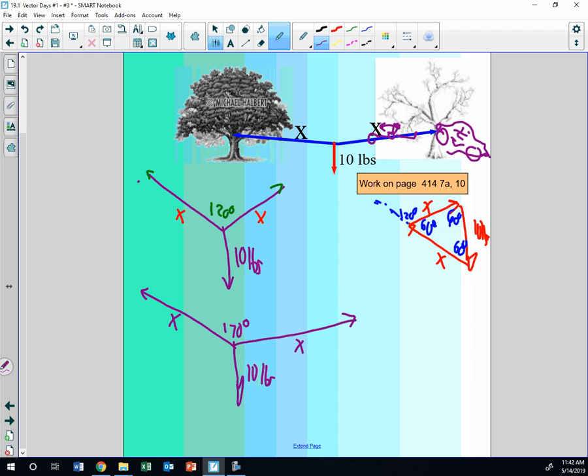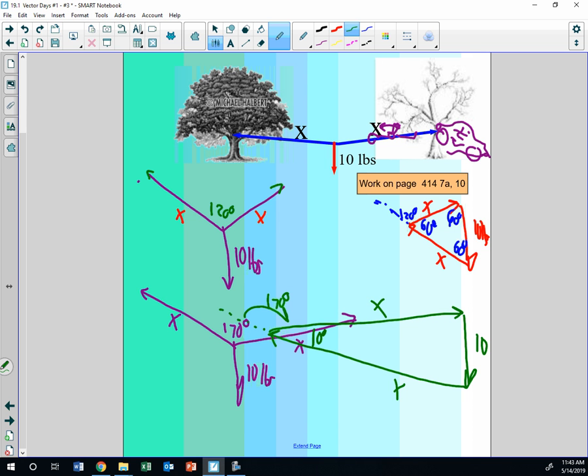So you're going to have a force of 10 pounds, and then it's going to be X, and then it's going to be X. All right? And we want to see what that force is. Well, if you extended this out, this is 170 degrees. What will this little angle here be?